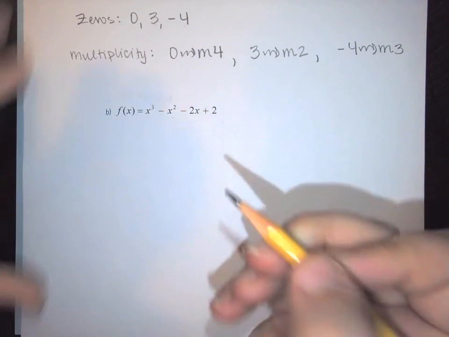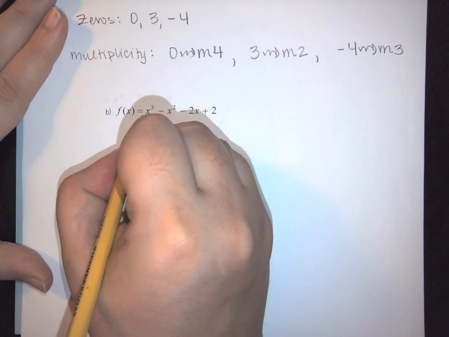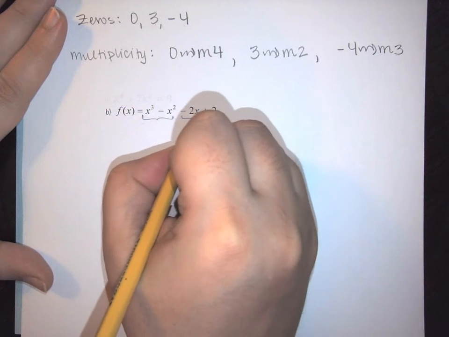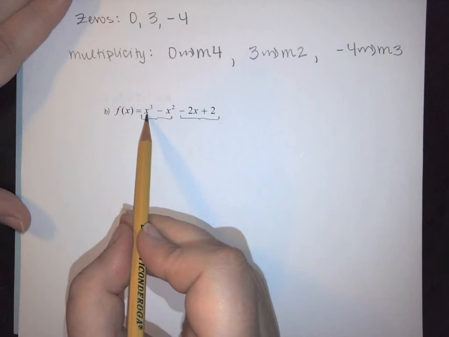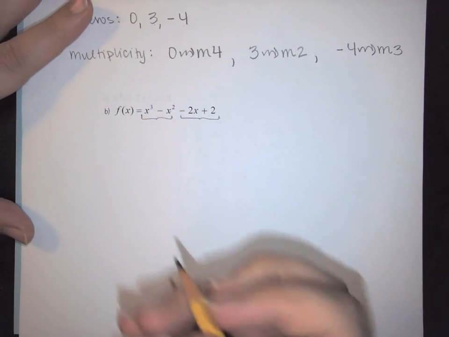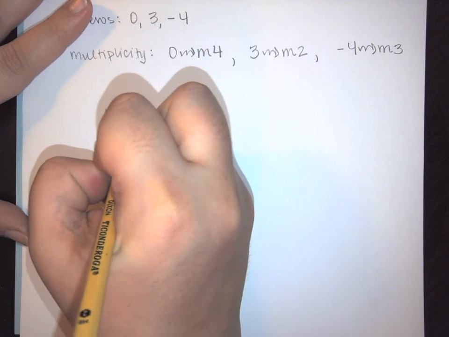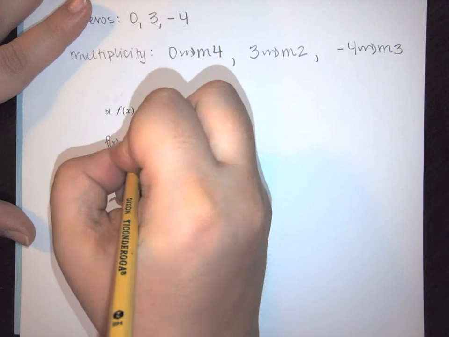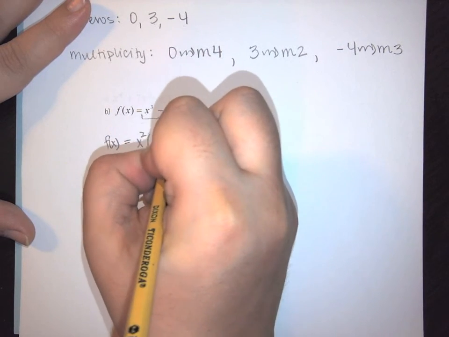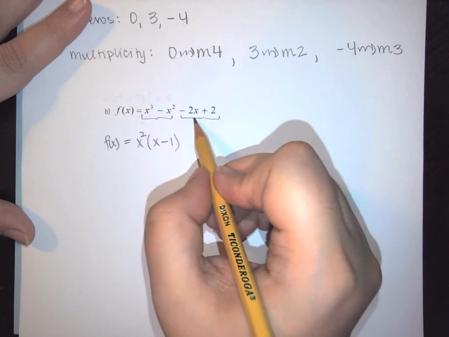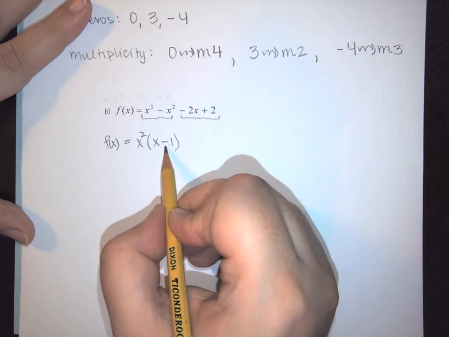Because it has 4 terms. Grouping says you're going to look at your first 2, and then you're going to look at your back 2. Here I have x cubed minus x squared. So I can pull out an x squared, which leaves behind an x minus 1. In the back, I'm hoping that I create x minus 1.